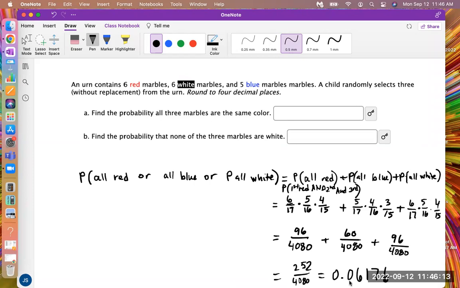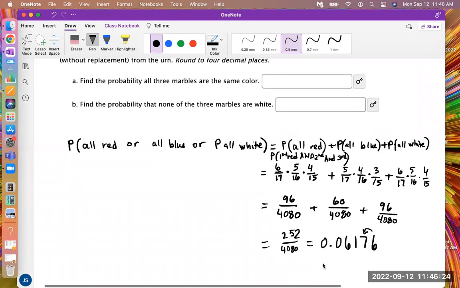So this is 1, 2, 3, 4. The 7 is the 4th decimal place. So I look to the 6, it's 5 or greater, so I add 1 to the 7. And then I get 0.0618. And there we go. There's our answer.